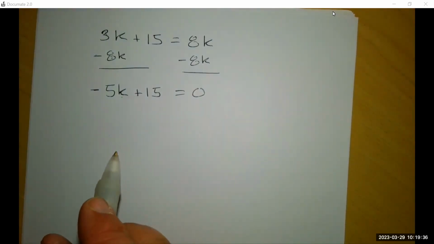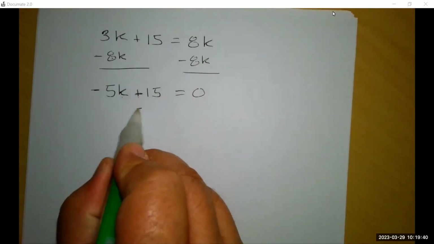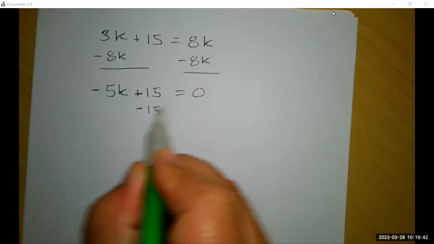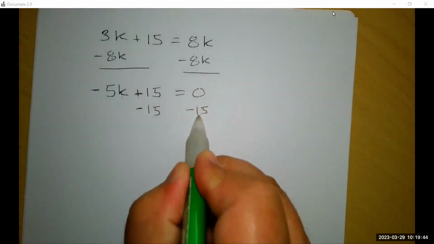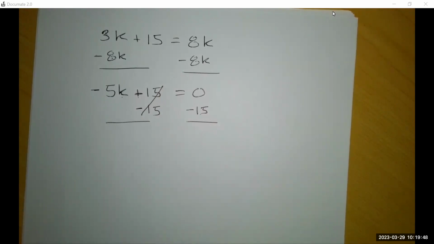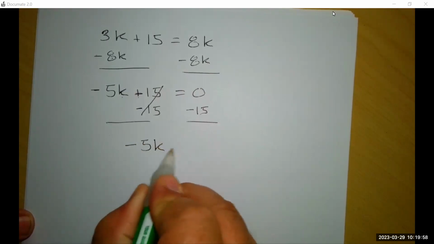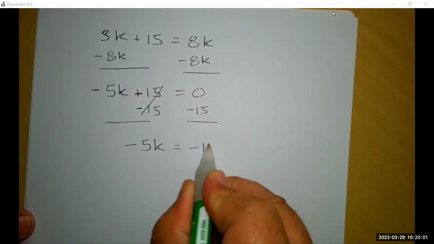How? Because that's a plus 15, I have to subtract. I subtract 15 from both sides. So I got negative 5K equals negative 15.